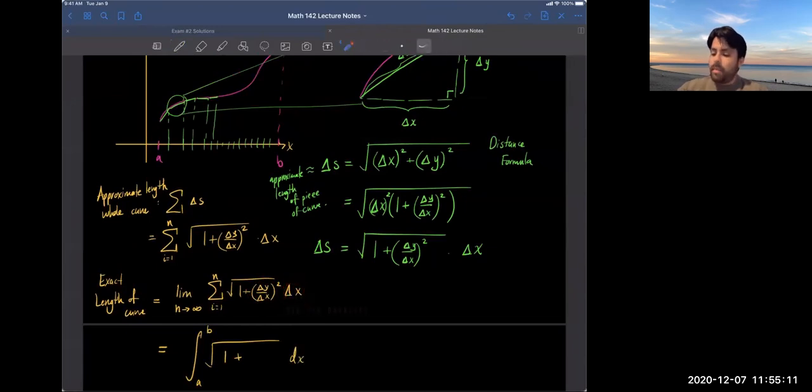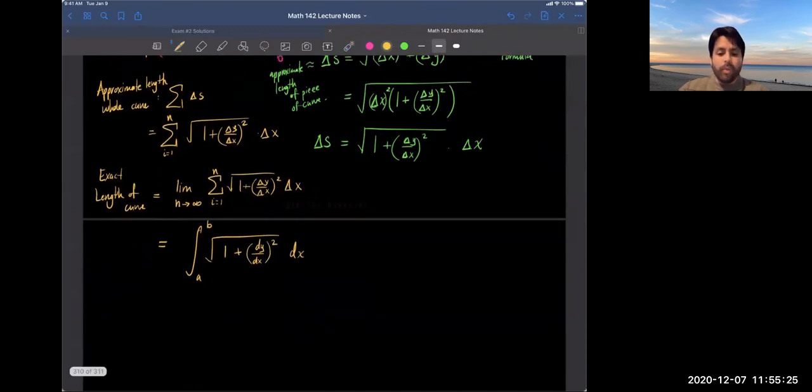But what does change in y over change in x become? Doesn't it become dy over dx squared? And what in the world is dy over dx? Isn't it y prime, the derivative of the function?